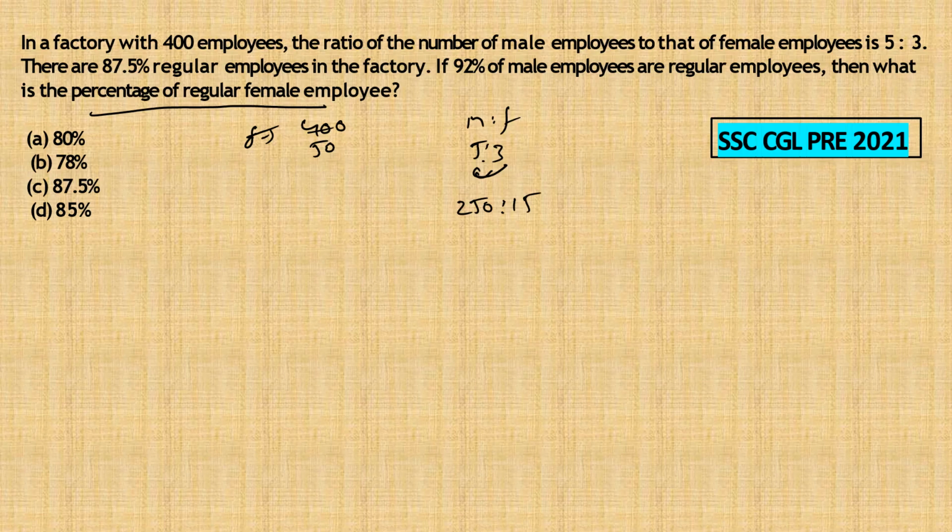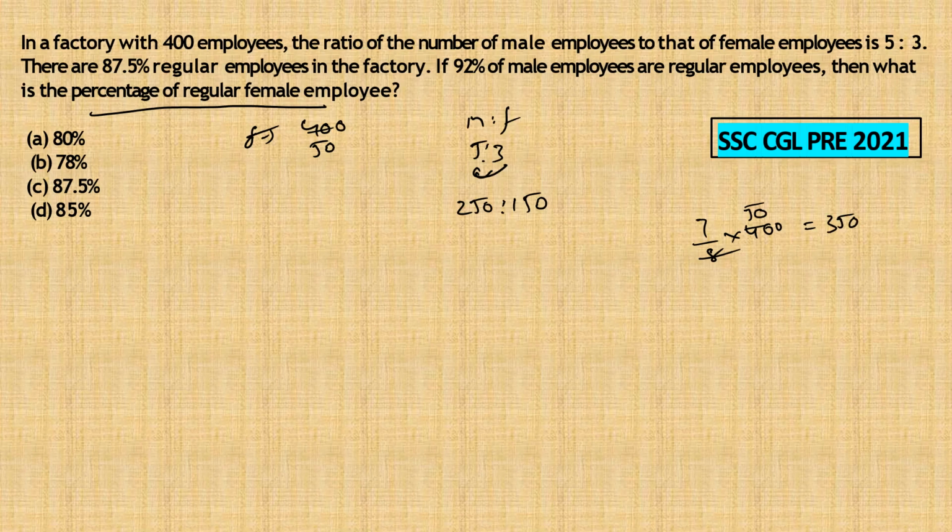Okay. 87.5% denotes 7 by 8. 7 by 8 employees are regular. The total employees are 400, and 8 5s are 40. The total regular employees are 7 into 50, that is 350 regular employees.